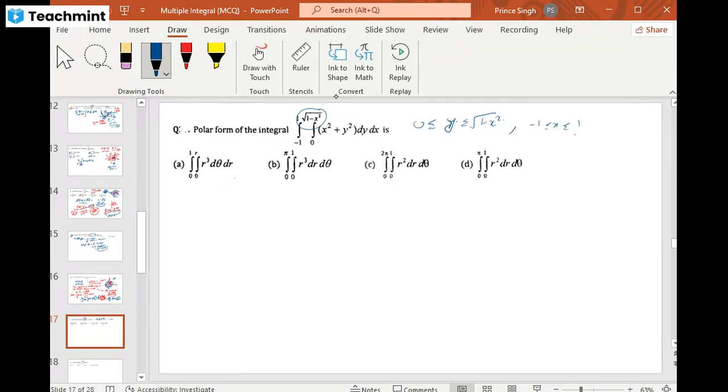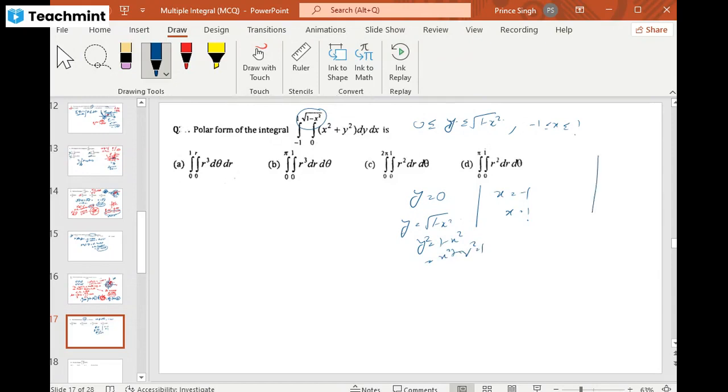So the region is y equal to 0 and y equal to square root of 1 minus x square, x equal to minus 1 and x equal to 1. So this is y square equal to 1 minus x square, or x square plus y square equal to 1.